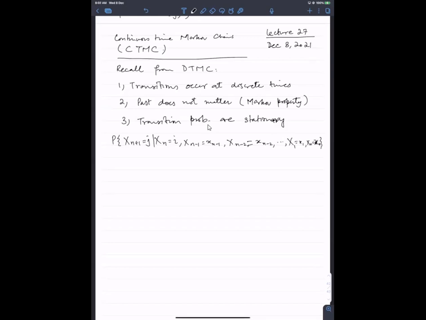So I am looking to find the probability of X(n+1) is equal to j given X(n-1), given X(n-2), given all of these X's. So the claim is that the past does not matter. And the transitions occur at discrete times, and we are already showing the discrete times here: n plus 1, n minus 1, n minus 2, all the way down to 0.